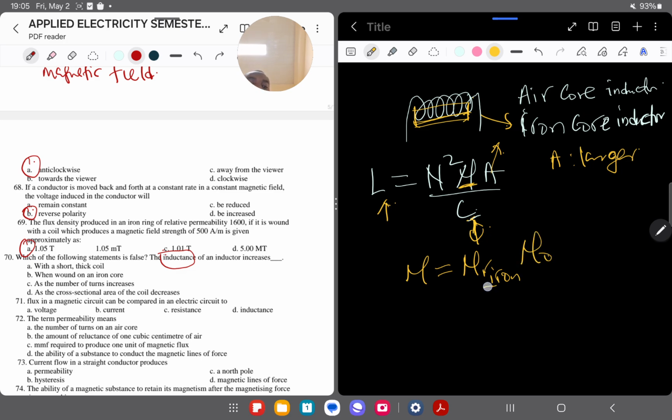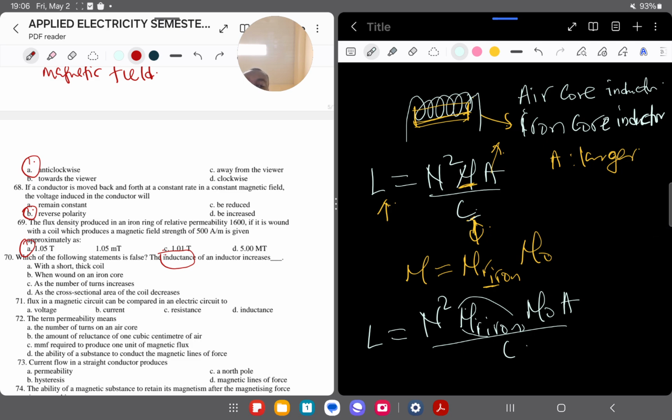So because you are now introducing iron, you are going to get a high inductance. So when wound on an iron core, it is also going to increase the inductance.